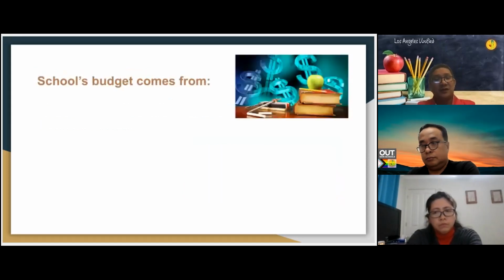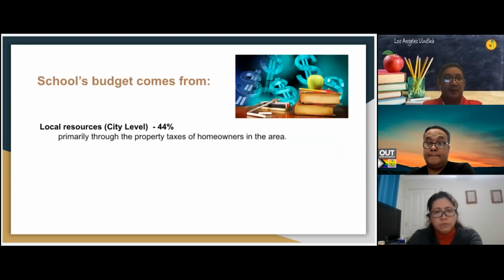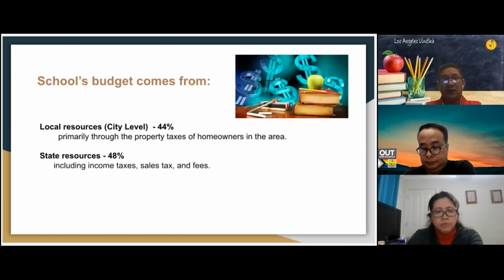So the school budget comes from the local source, which is the city level. That's 44% of the school budget, primarily coming from the property taxes of homeowners in the area. The second school fund comes from state resources, which is 48%, and the money comes from income taxes, sales tax, and fees.